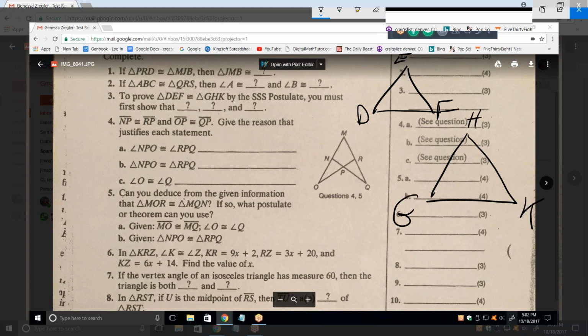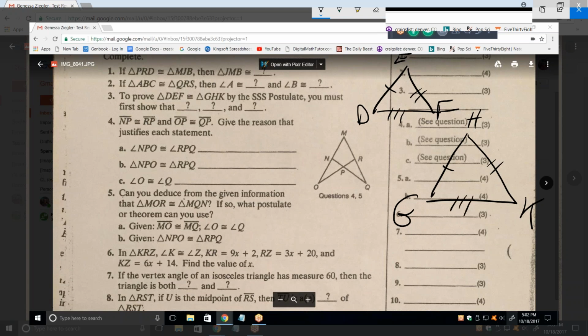So, if I'm going to prove the triangle DEF, the one on the top, is congruent to GHK by the side postulate, that means that side has to be equal to that side, that side equal to that side, and that side equal to that side.